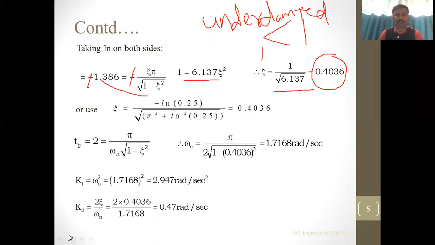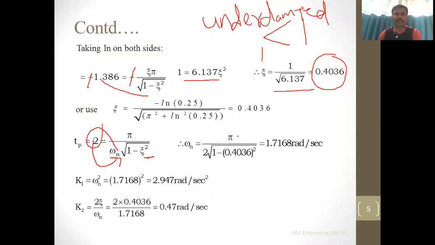Please try to recall the relation. Pi by omega d, pi divided by omega n into root of 1 minus xi square. Is it okay? We don't know omega n, but xi is available from the previous evaluation. Is it okay? Next step, I'll cross multiply omega n. I may send it over here. 2 I'll bring back to this denominator.